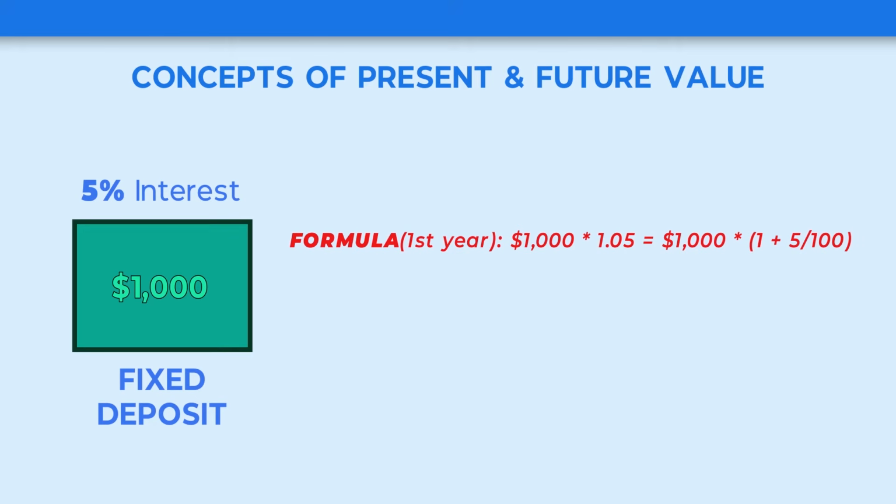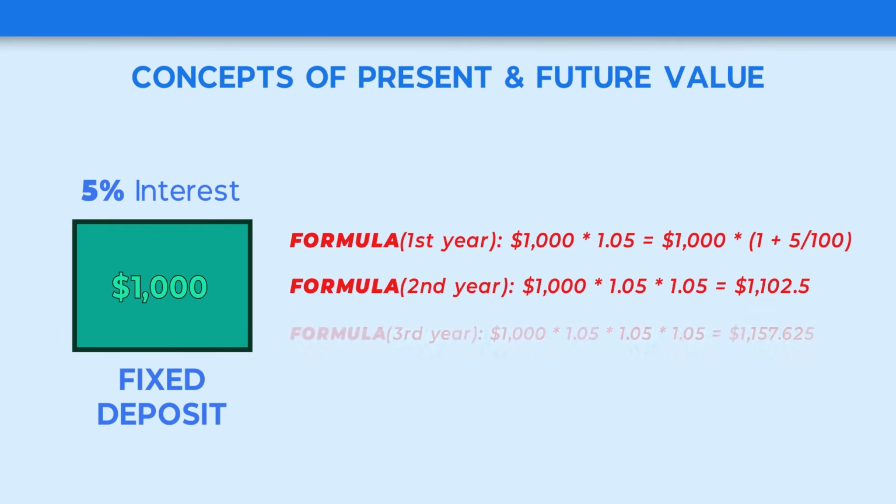If you have to calculate the same for 2 years, the formula will become 1,000 multiplied by 1.05 into 1.05, which will give you a value of 1,102.5. And for the third year, it will become 1,000 multiplied by 1.05 into 1.05 into 1.05.